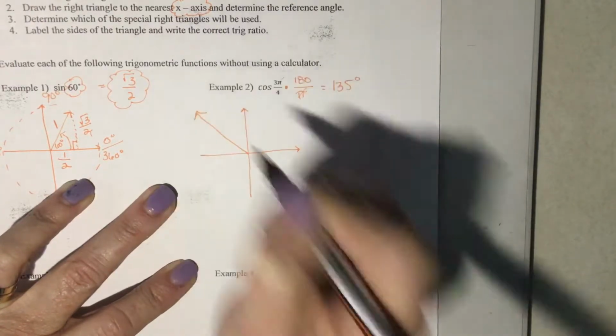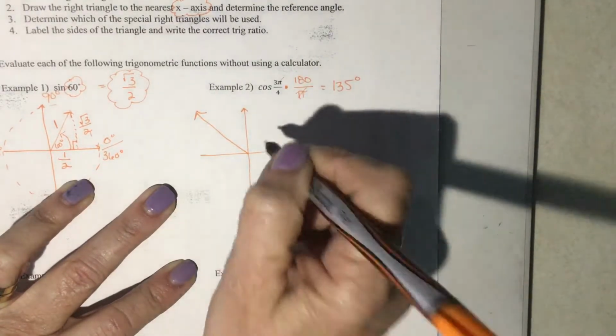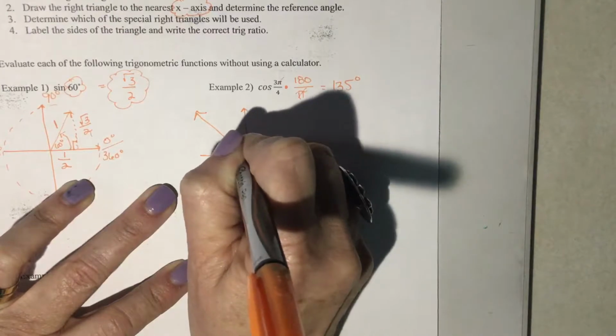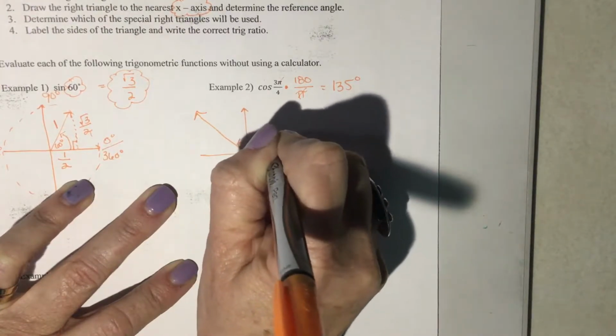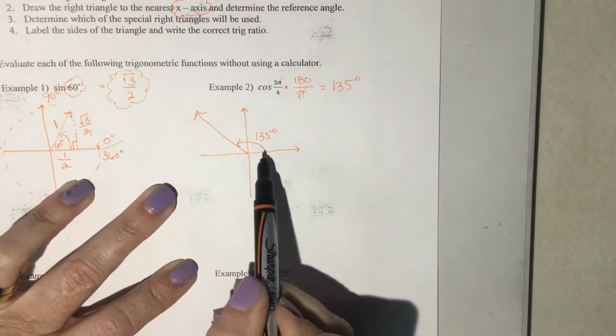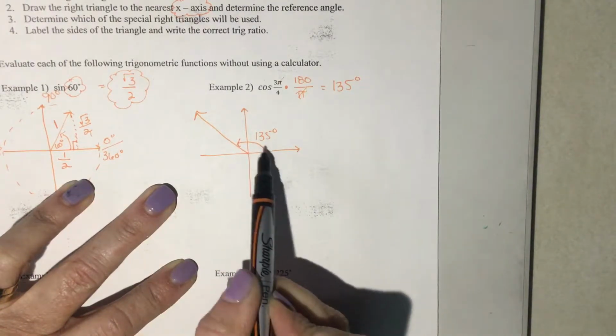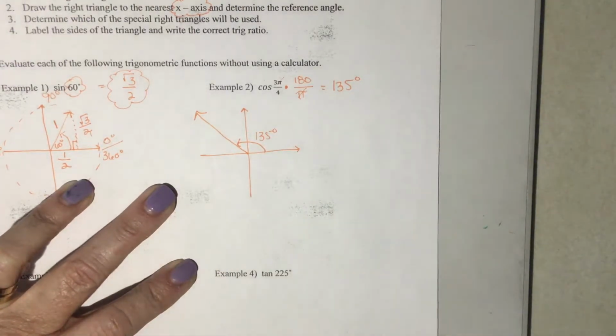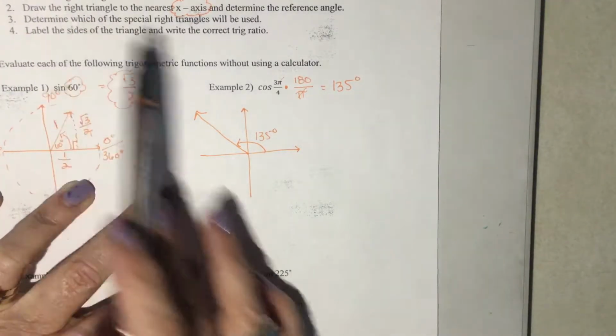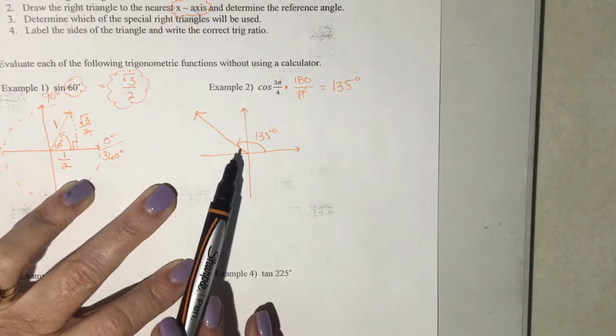So I draw my ray, and I show an angle measurement that I moved from the initial side, which is the x-axis, all the way to the terminal side. That angle created by doing that is 135 degrees. All right, then, so that was number 1, draw the given angle. So I just drew my given angle.